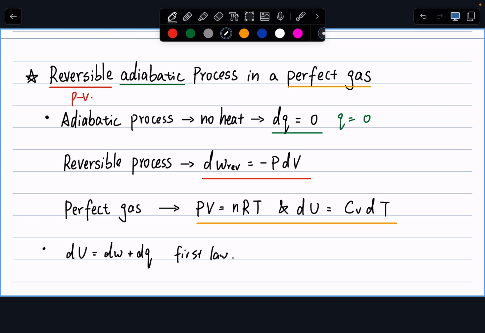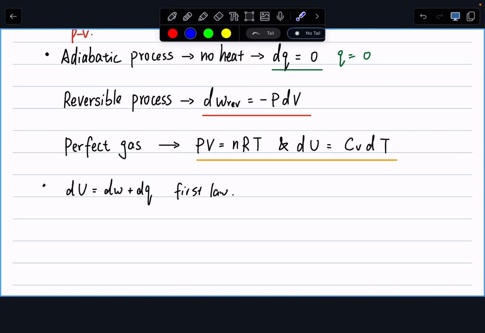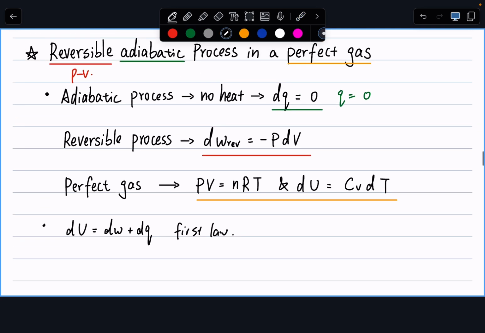All right. So now we have all of these things. What we're trying to do here is find a relationship between your temperature and volume when they're changing. So how do we get started? We can start from our first law of thermodynamics and plug each of the terms into it.